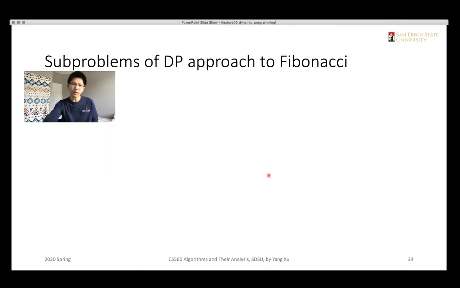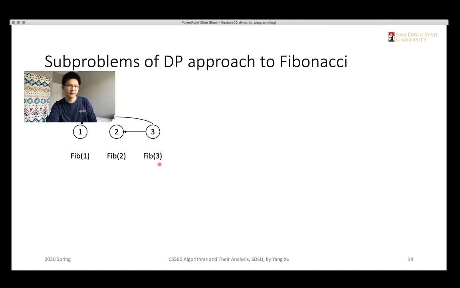All right. And if we turn to the Fibonacci problem, we can use the same technique, the same subproblem graph, to describe why the dynamic programming approach to Fibonacci is also efficient, because you see, in order to compute Fib3, it depends on Fib2 and Fib1. Okay, and later on, when you compute Fib4, you also need 3 and 2.